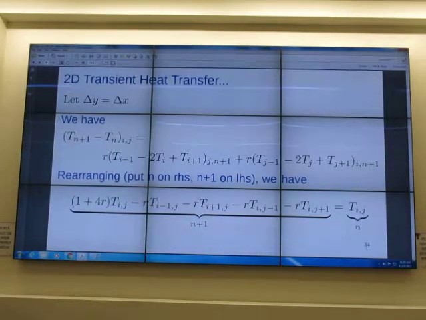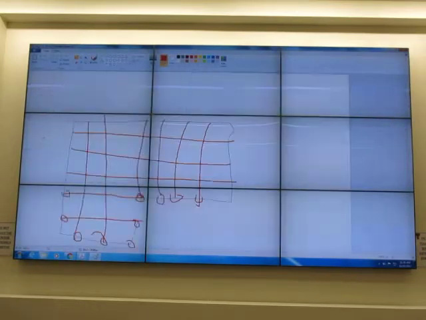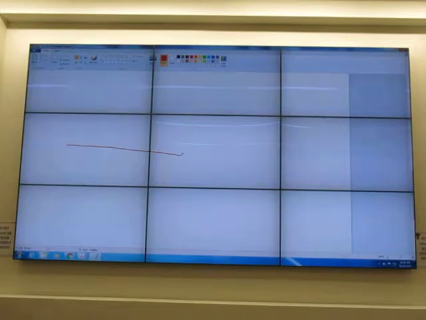So look at this one. You need information at Tij, Ti minus 1 j, Ti plus 1 j, Tij minus 1, Tij plus 1. So this means you need 5 points in the future: j plus 1, ij, j minus 1, i minus 1 j, i plus 1 j.